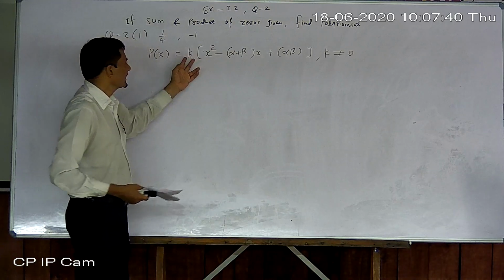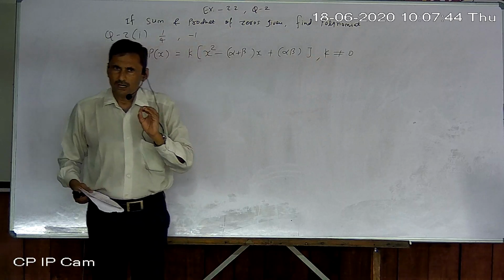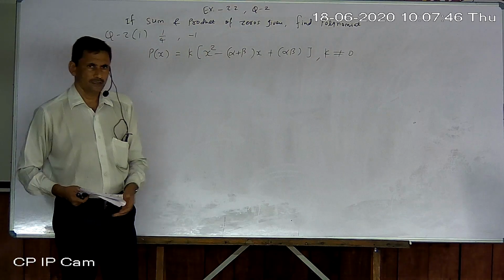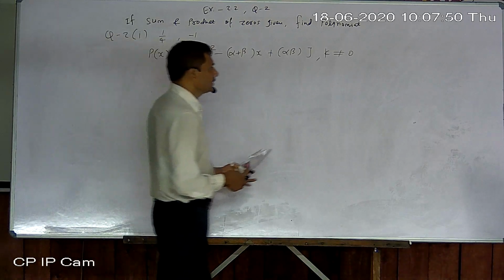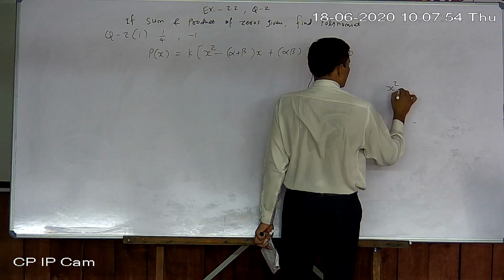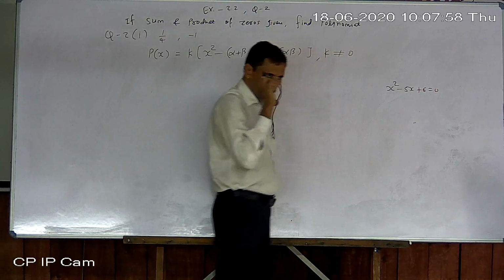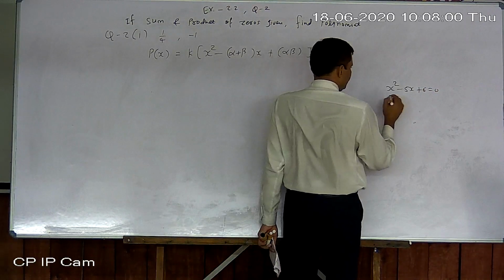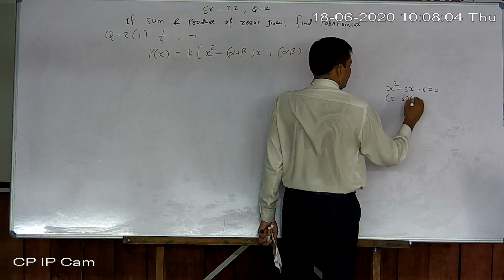Now what is meant by k? Actually that is not important for us. But what is the real meaning of k? Okay, I will tell you. Suppose you are given x square minus 5x plus 6 equal to 0. Then you will factorize this like x minus 3, x minus 2.